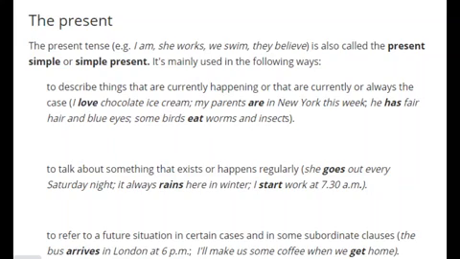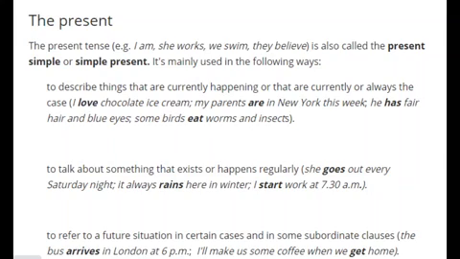Why do we use the present tense? To describe the things that are currently, that means now, happening, or that are currently or always the case. Suppose, see these sentences. I love chocolate ice cream. My parents are in New York this week.